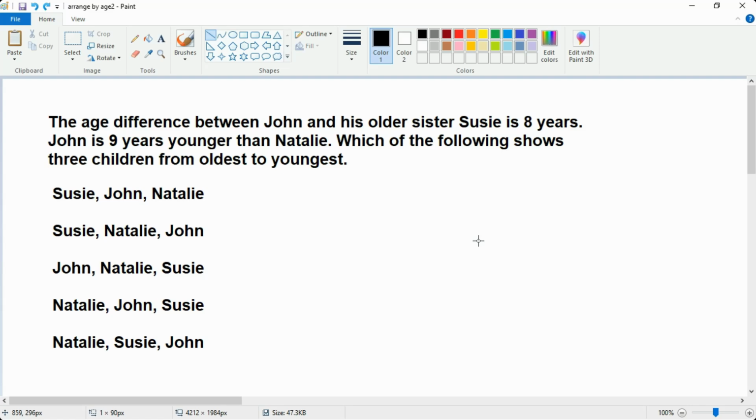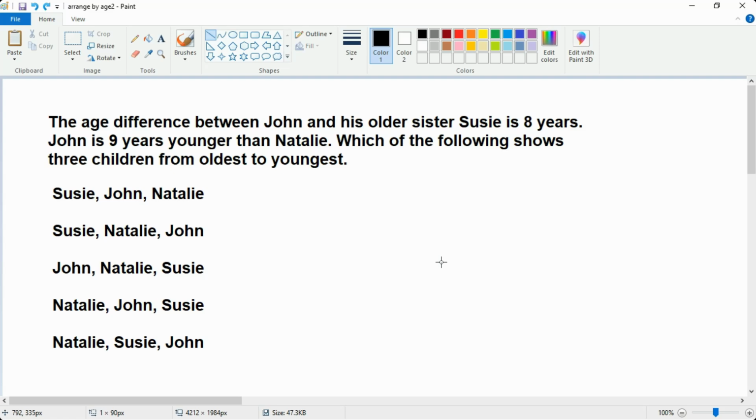The age difference between John and his older sister is 8 years. That means John is younger than Susie and Susie is 8 years older than John. So there are multiple different ways in which the problem will be worded. So you have to be careful about always finding who is the older.